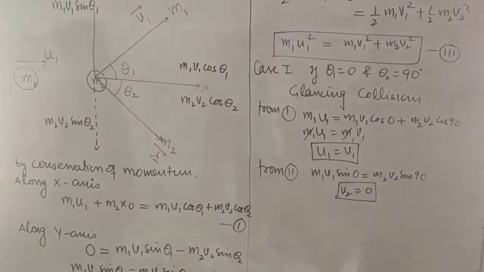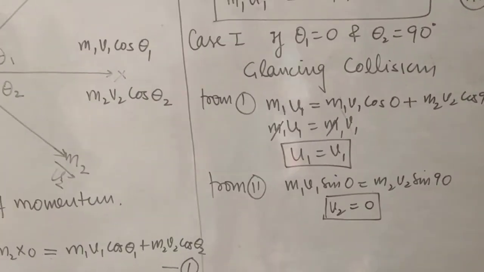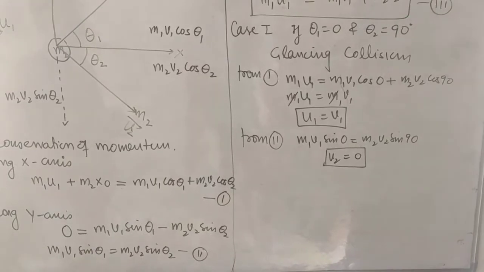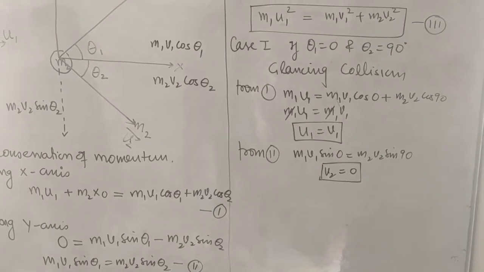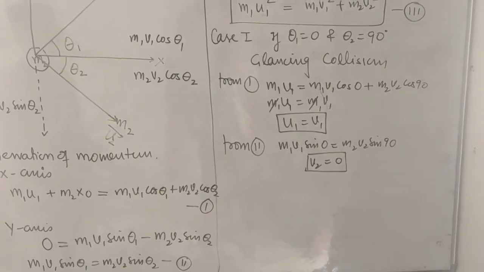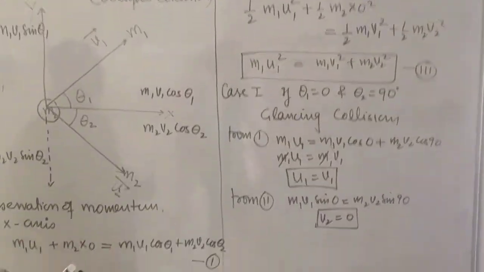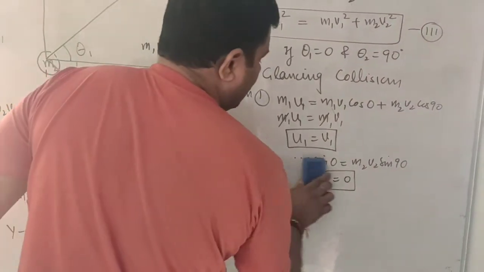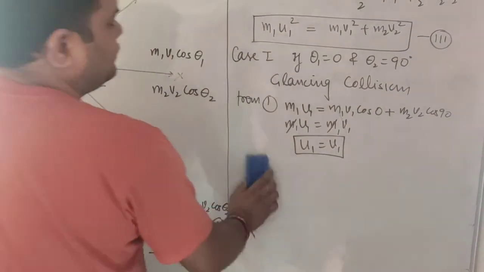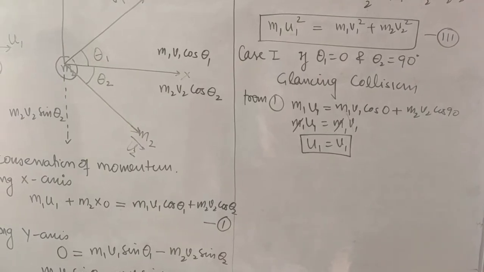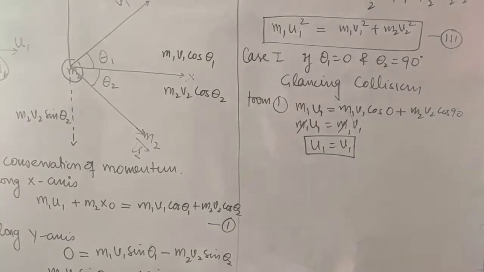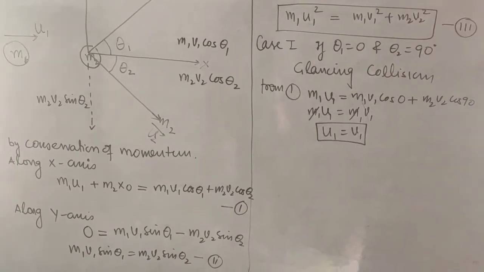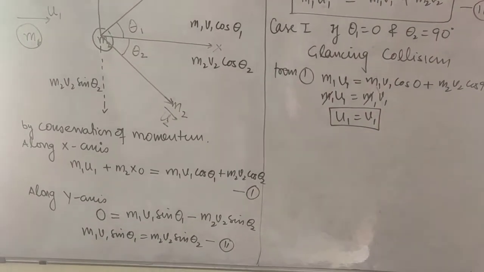So in case of glancing collision, the velocity of the first object remains unaffected and the second object will remain as it is. In this case, the velocity of the striking body will remain unaffected.